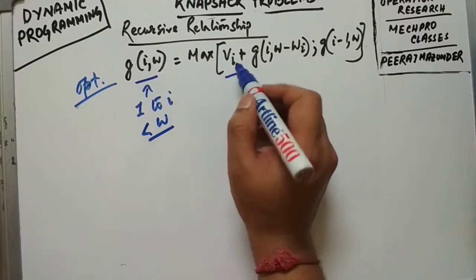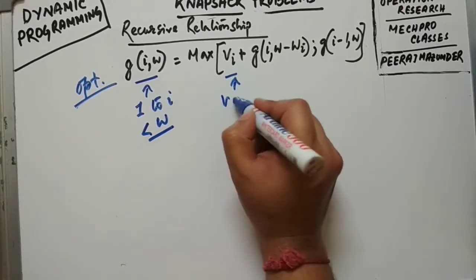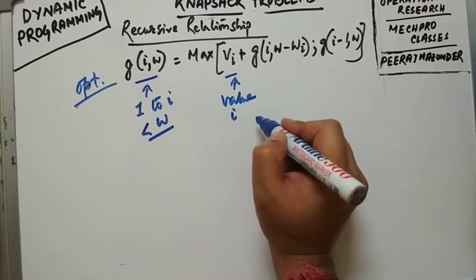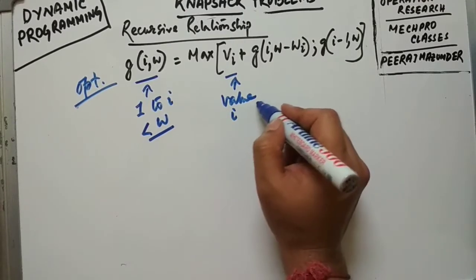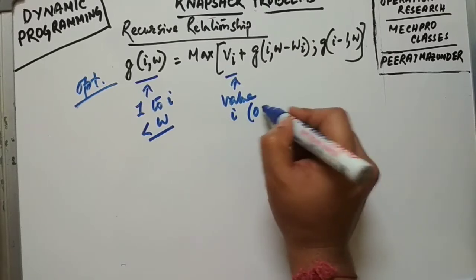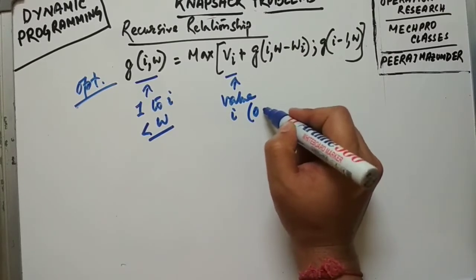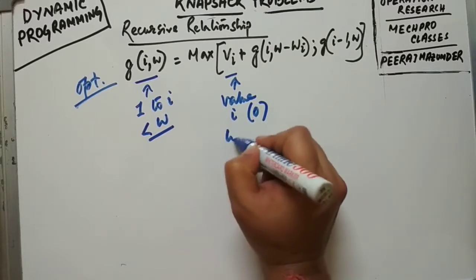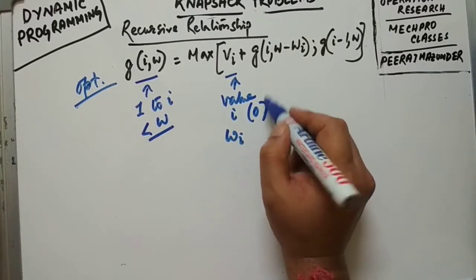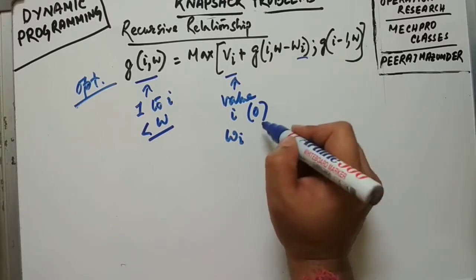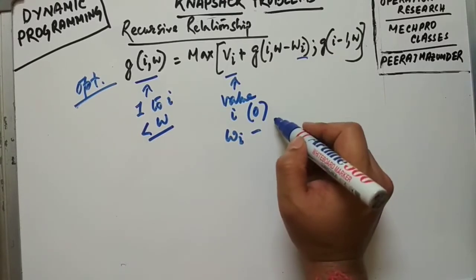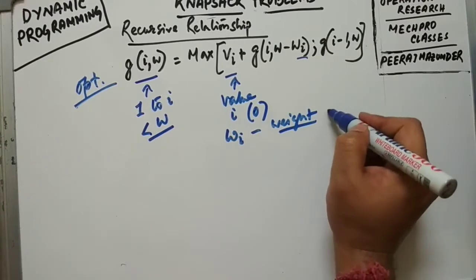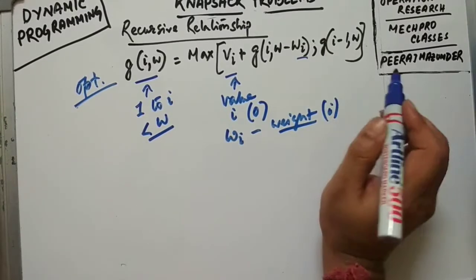Now vi is the value earned from a single type i item, and 0 when we cannot accommodate it. And wi is, as I earlier told you, the weight of a single type i item.